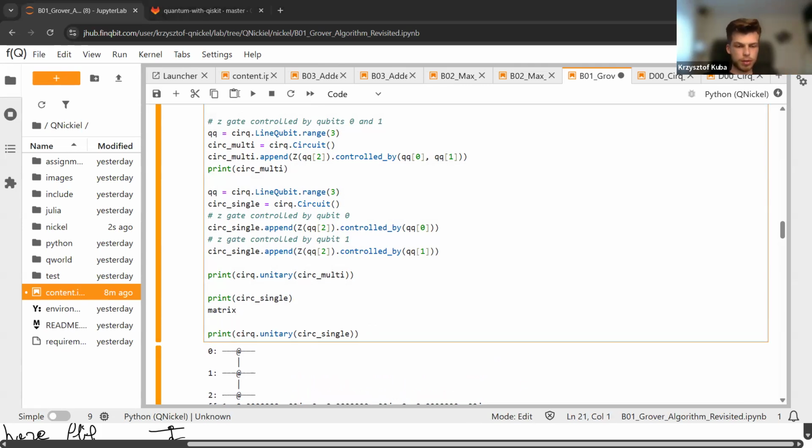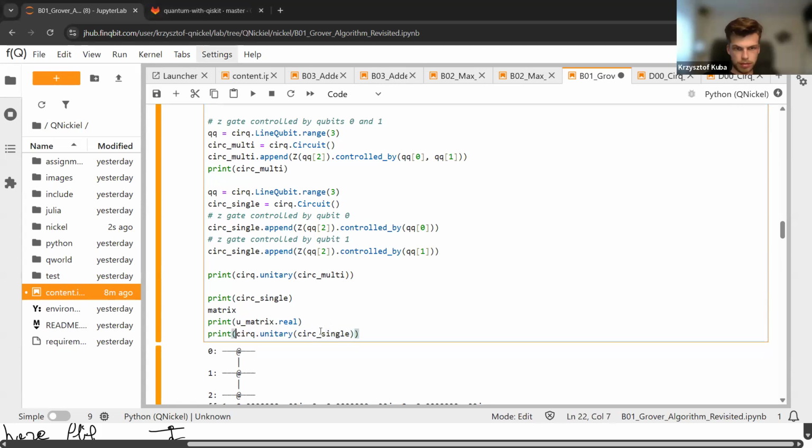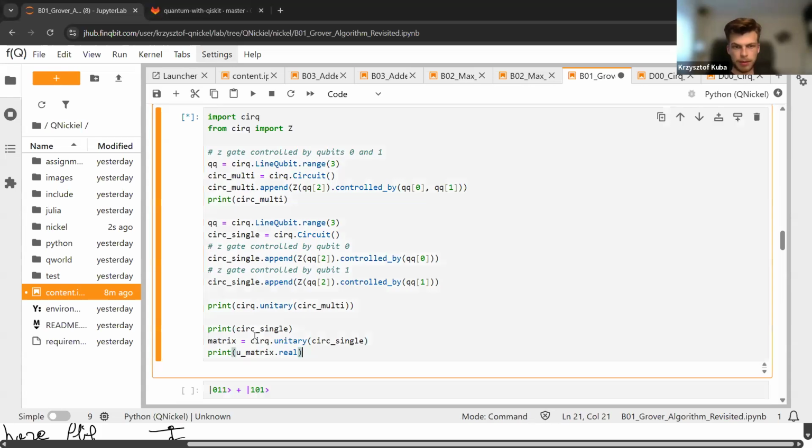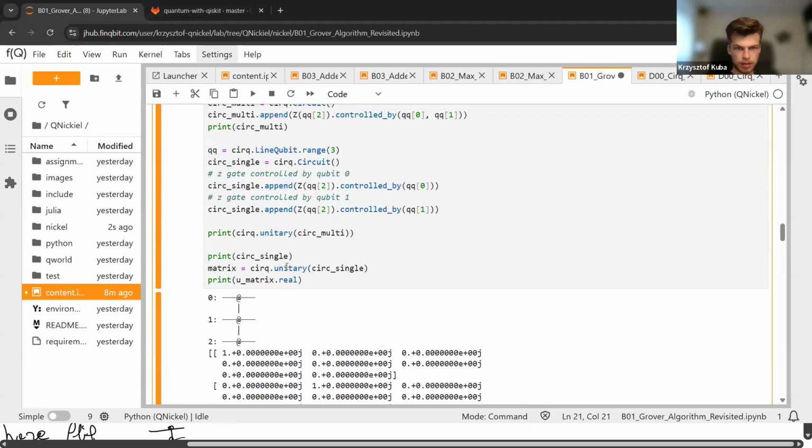I checked, maybe there is a solution to your question. Let's see what happens this time. It's the U matrix.